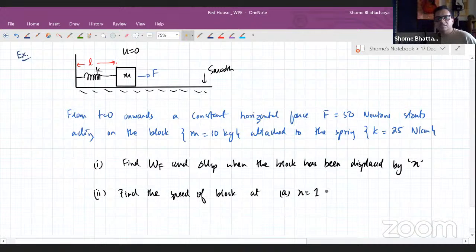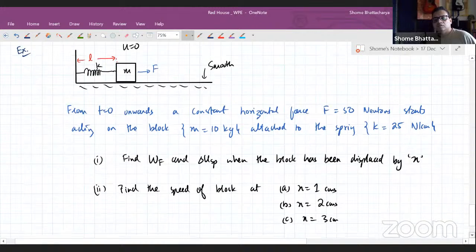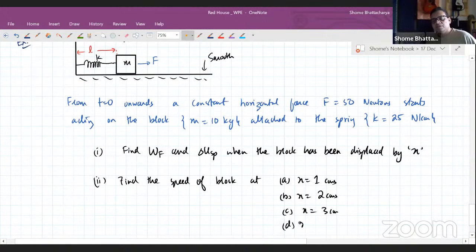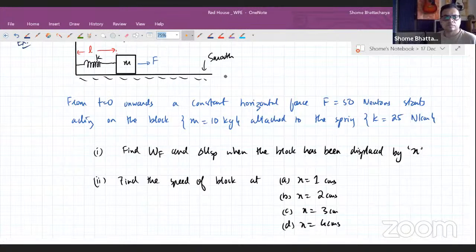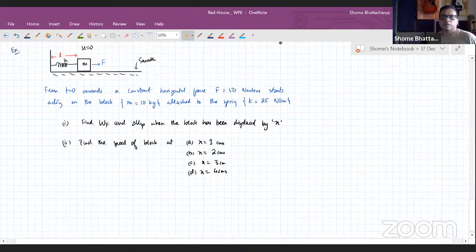We'll calculate at 1 centimeter, then 2 centimeters, then 3 centimeters, and finally x equal to 4 centimeters. Okay, so let us understand the application of work energy in this particular question. Yeah, the spring constant given is in newton per centimeter.